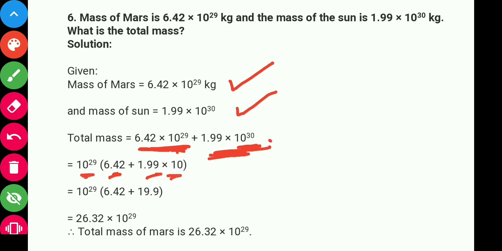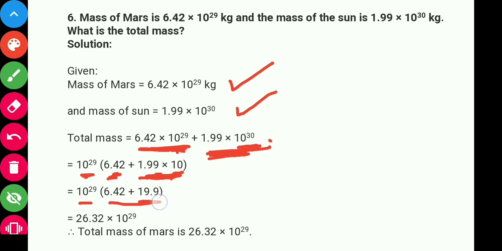So here 6.42 plus 1.99 into 10. Okay, so when you multiply 1.99 into 10, you will get 19.9. So here 10 to the power 29 into 6.42 plus this.